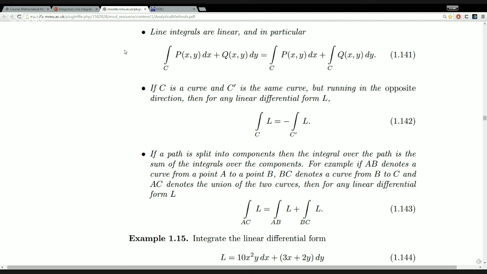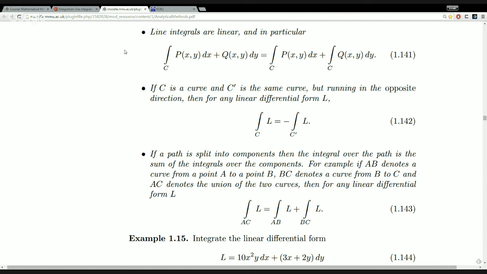They're called path invariant integrals. Path independence, path dependence, or path independence.